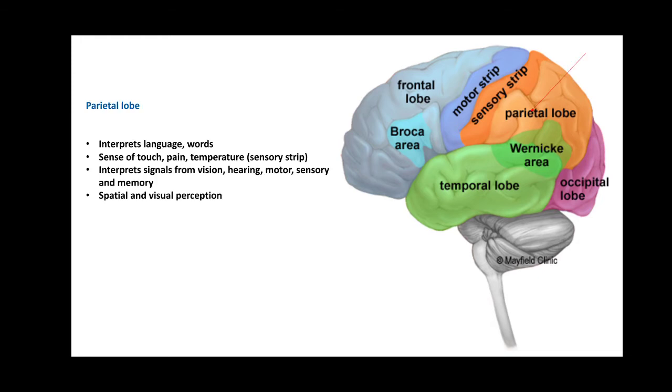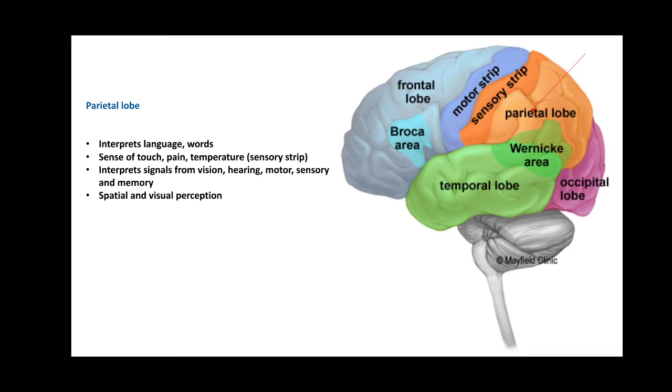Moving on to the next one, the parietal lobe, which we can find right behind the sensory strip. It majorly deals with the process of sensations, like how we hear things, how we remember something, and how we control the input of the different sensory organs of our body, the nose, the smell, everything that we're getting.